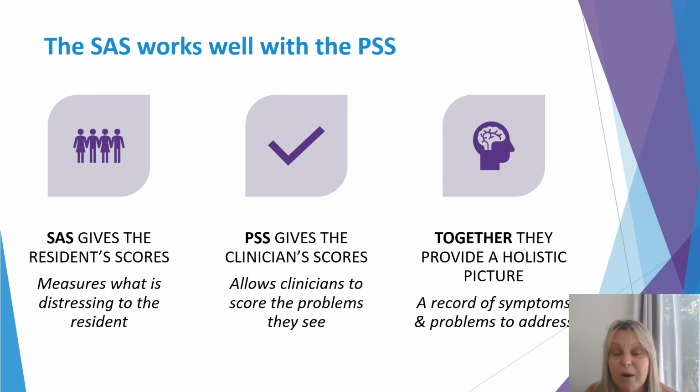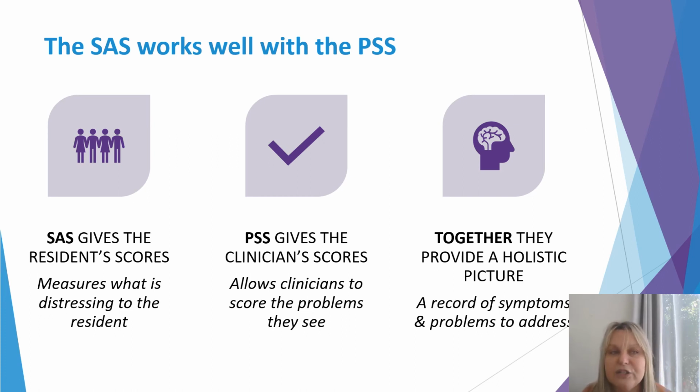In another PACOP Clinical Bite, we will talk about the Problem Severity Score, which is the PSS. Hopefully you've seen that already or you're about to see it. And why we mention that here is because the SAS works really well with the Problem Severity Score. The reason being is that the SAS gives the resident's viewpoint about what's important to them, what's distressing them, what's bothering them. And the Problem Severity Score is a clinician rated tool.